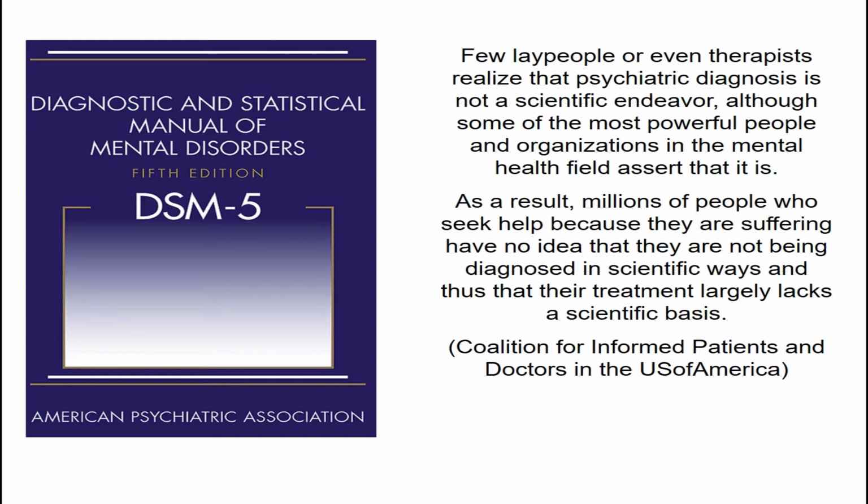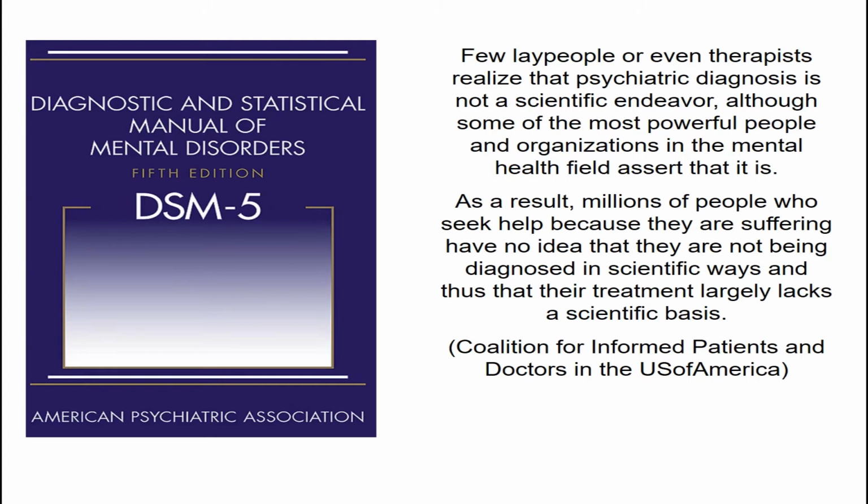They say, "Few lay people or even therapists realize that psychiatric diagnosis is not a scientific endeavor, although some of the most powerful people and organizations in the mental health field assert that it is. As a result, millions of people who seek help because they're suffering have no idea that they are not being diagnosed in scientific ways, and thus that their treatment largely lacks a scientific basis."